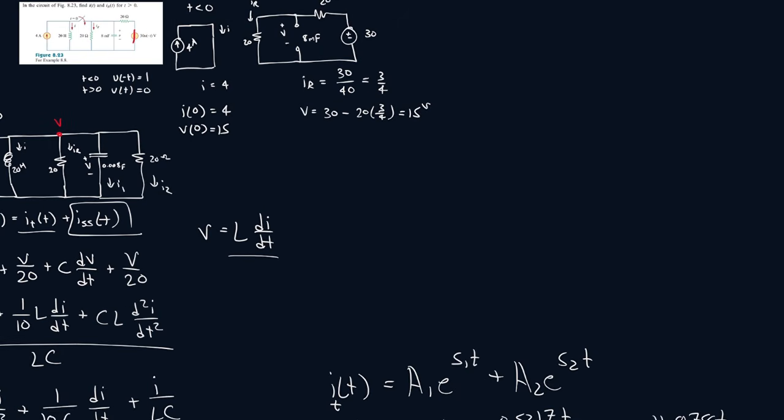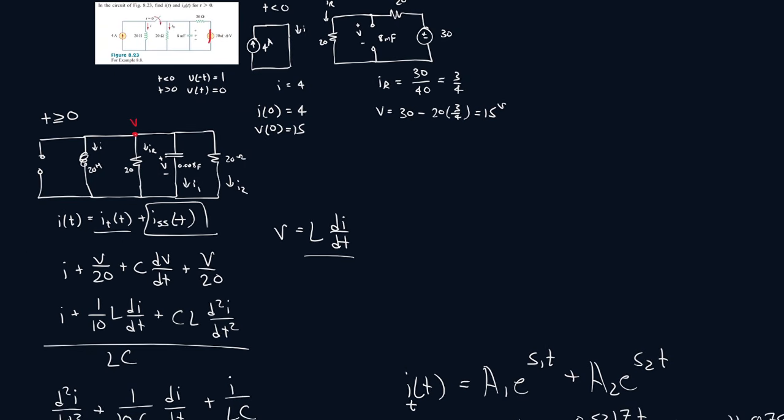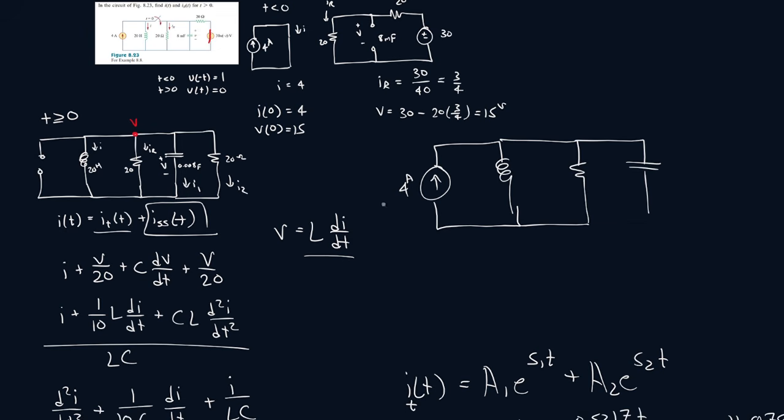So to find I_SS, or I steady state, we pretty much take this circuit, including our source, and find the current passing through this inductor when t goes to infinity. Oh yeah, and this is a current source, not a voltage source. So this was 4 amps. When t goes to infinity, this becomes an open wire, and this short circuits.